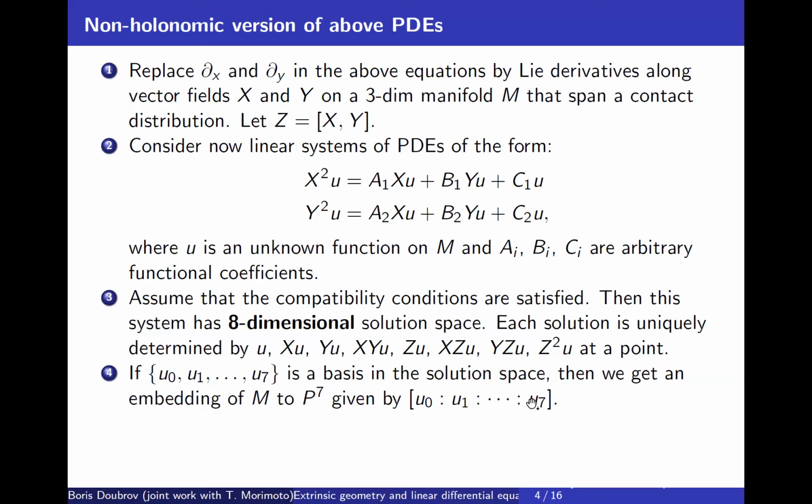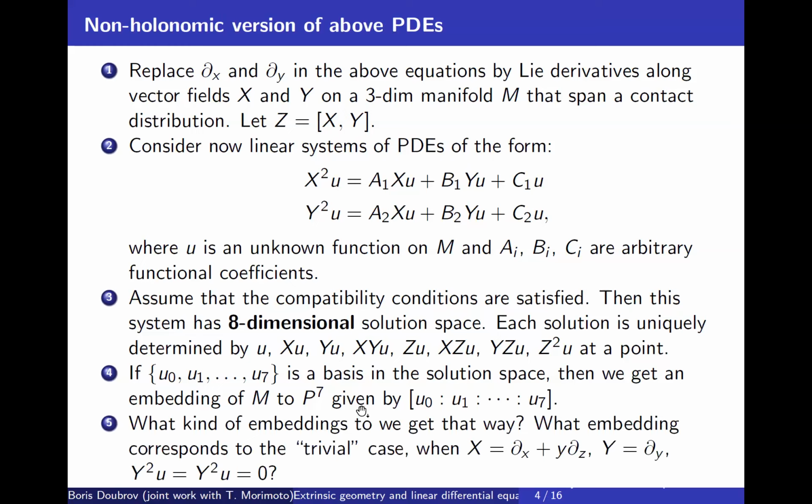Functions, they all depend on three variables now. So each such system, if it's compatible, defines an embedding of M, of contact manifold M, into P7. So this is why I mentioned that we would be considering submanifolds in P7 at the beginning of the talk.